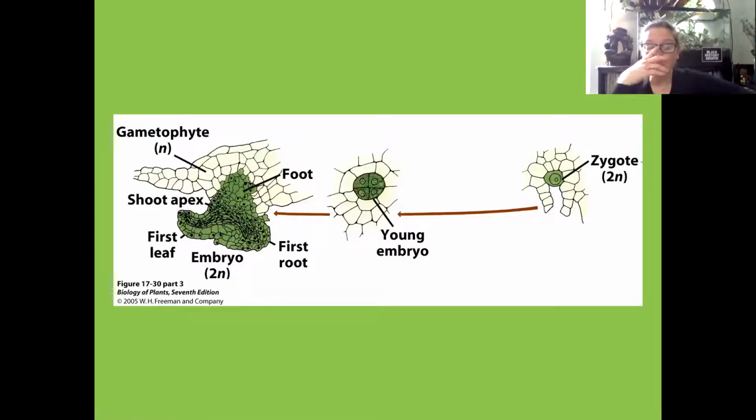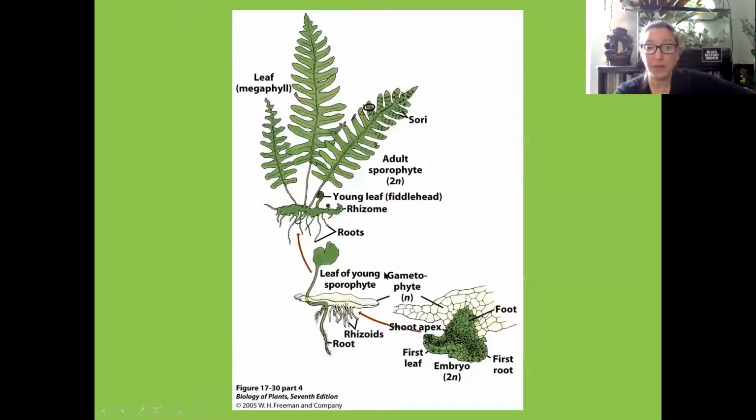The 2N zygote is going to grow, and ultimately it'll first be attached to the gametophyte. Remember, the egg was in the gametophyte plant, right? And so when the sporophyte plant first starts to grow, it's still attached to the gametophyte plant because that's where the egg was.